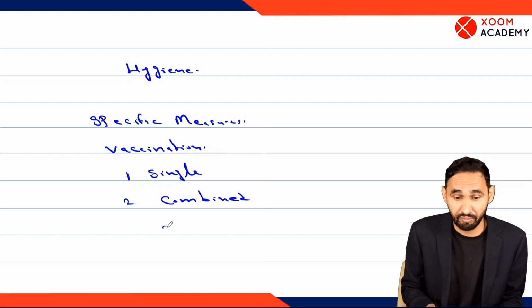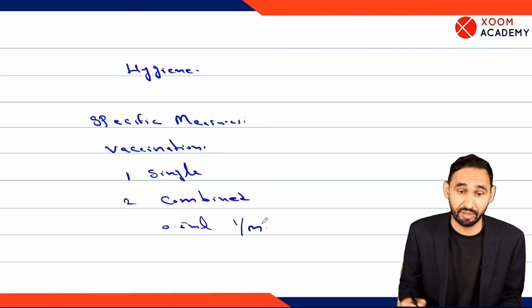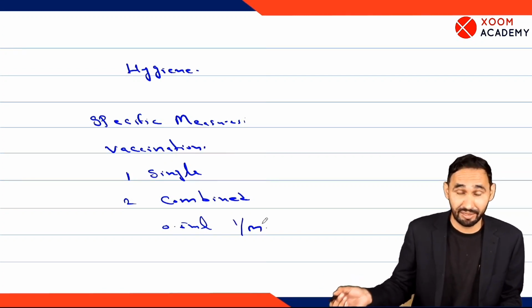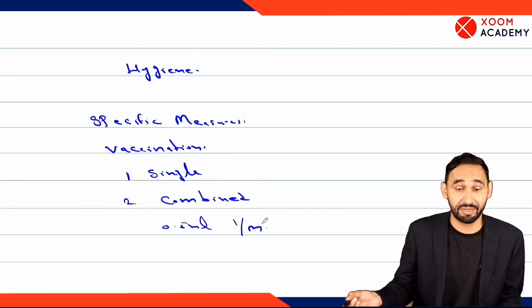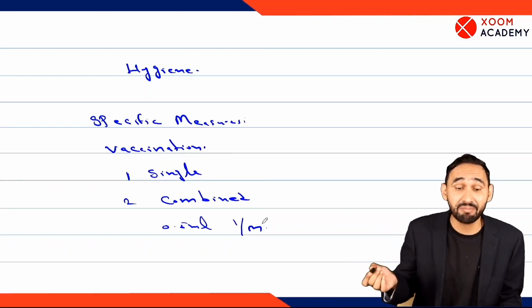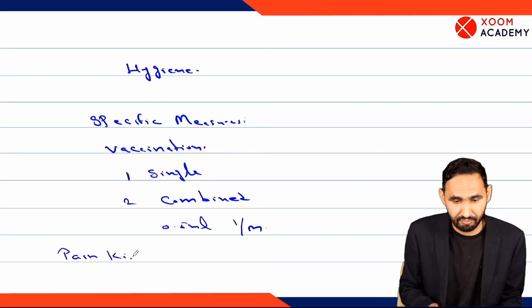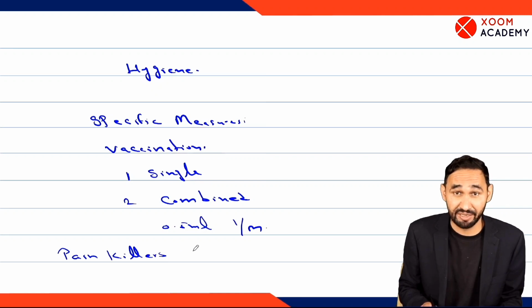Always remember the dose 0.5 ml. Route is intramuscular. So we can prevent mumps. There is also symptomatic treatment because there is pain in mumps. So we can give painkillers to reduce the intensity of pain.